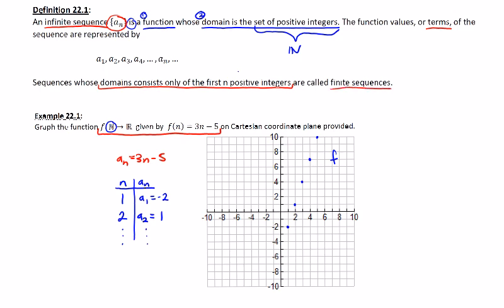So if I only wanted 10 points, then that would be a finite sequence where I'm only giving the first 10 points of that particular equation's sequence. So that's definitely a possibility as well. In fact, the majority of what we're going to be dealing with in here is going to be finite sequences. It will not be until later on that you start to see things that are infinite.